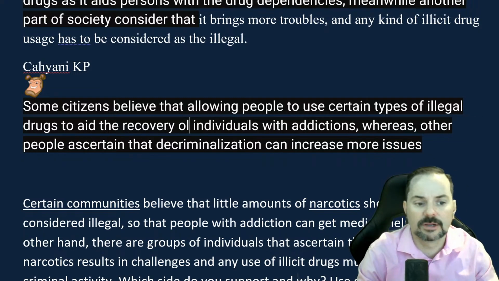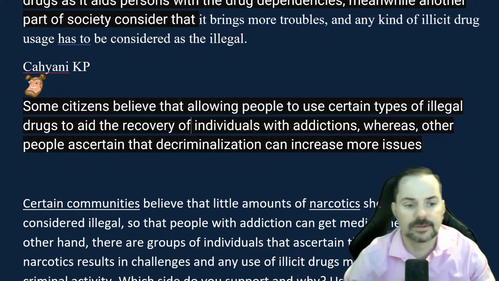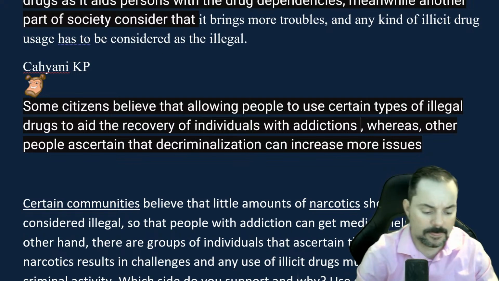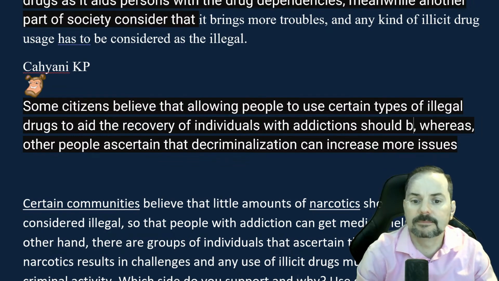Okay, we need a bit more clarification there to make it accurate. To aid the recovery of individuals with addiction should be permitted.